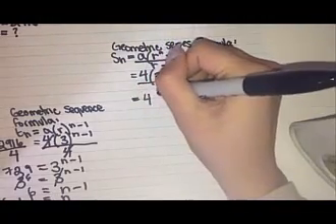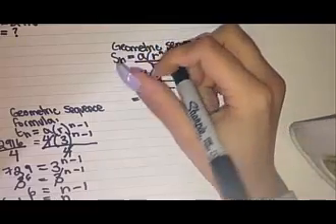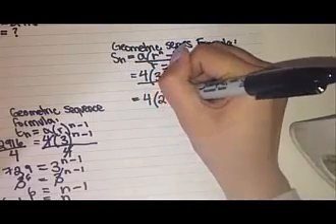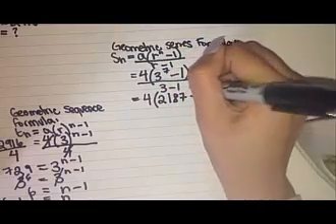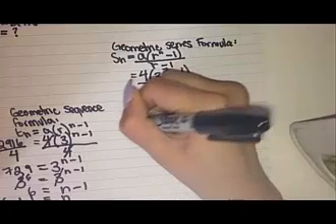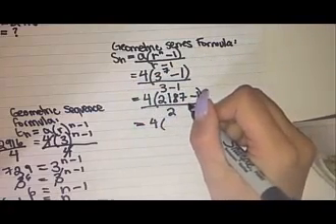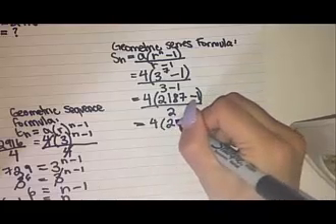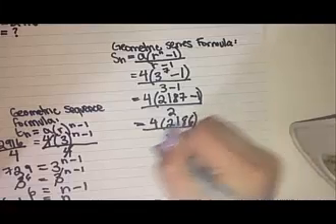And then I'm just going to solve. So 3 to the power of 7 equals 2,187, minus 1 over 2. So this is equal to 2,186 over 2.